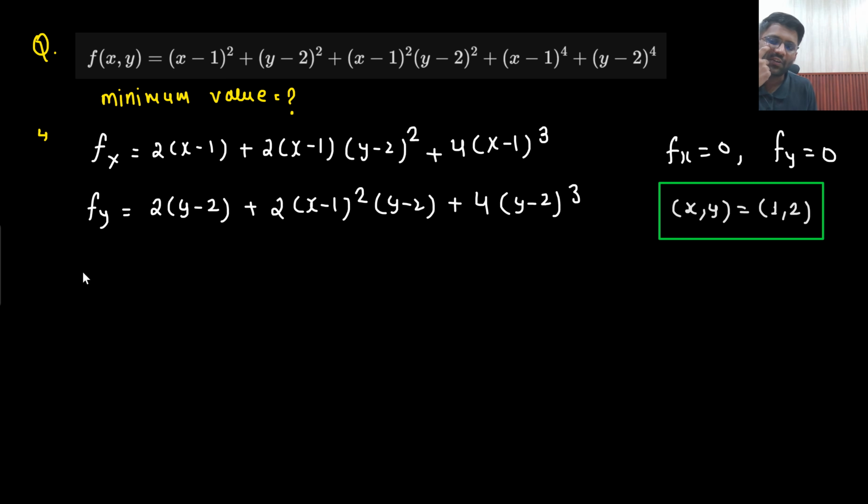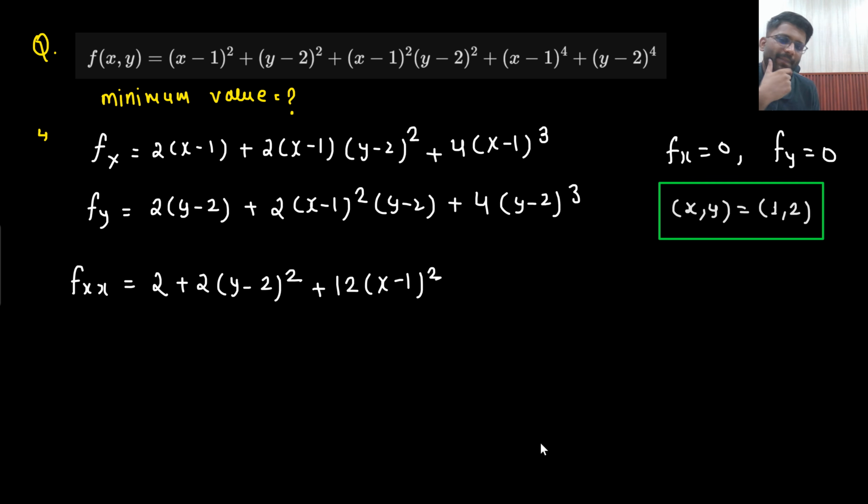Now I need to find out the value of fxx. That means this should be differentiated with respect to x. So 2 you will be getting. So you will be getting 2(y minus 2) whole square, because x minus 1 will be treated as constant and x minus 1 differentiation will be 1. And here you will get 12(x minus 1) whole square. Then fyy I need to find out.